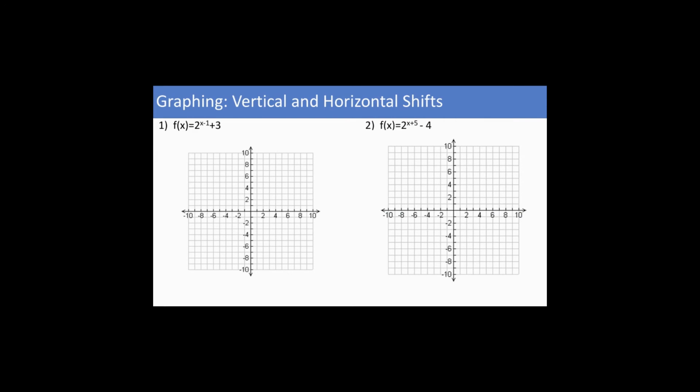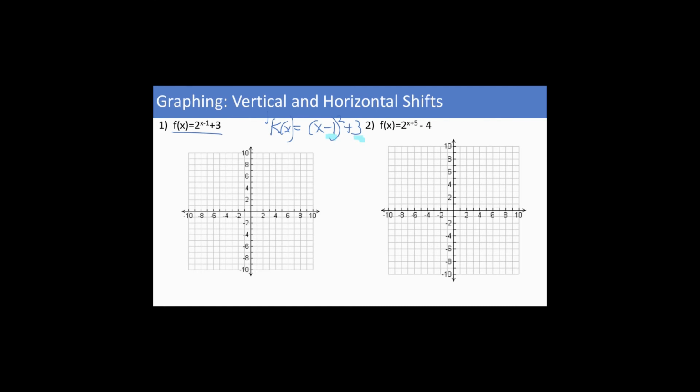All right, so let's talk about vertical and horizontal shifts. So if we're looking at this first one, this one is really similar to a function if we're doing parabolas, right? It'd be really close to this, where you can see that -1.